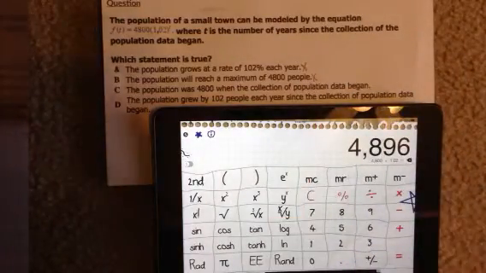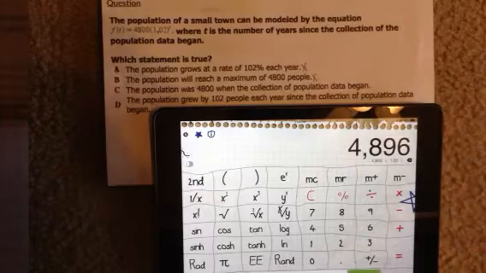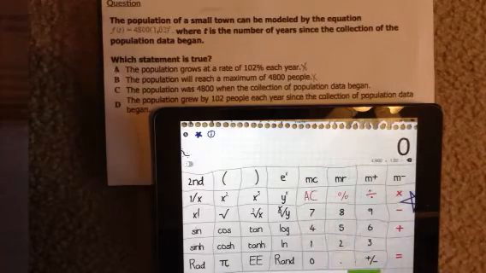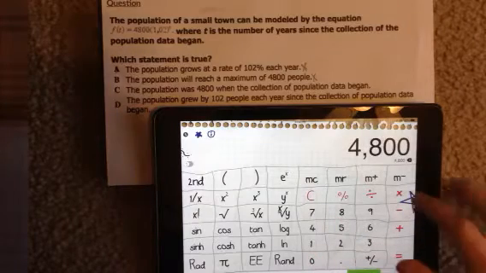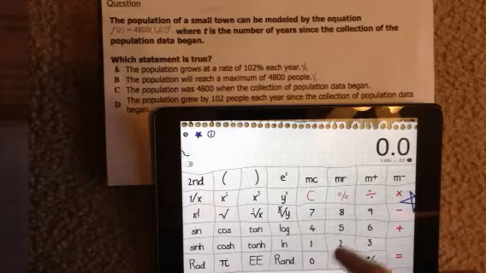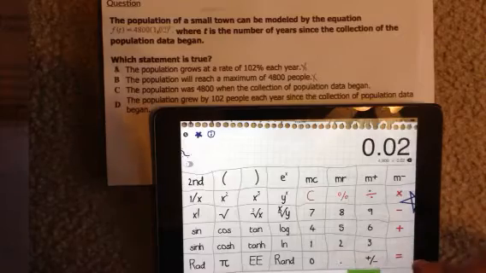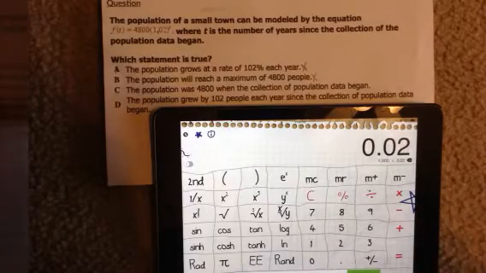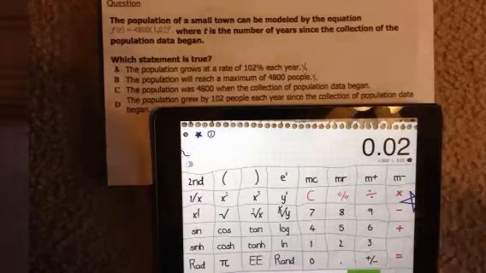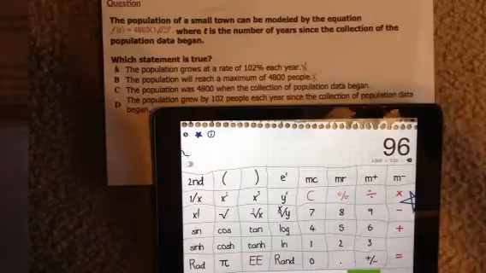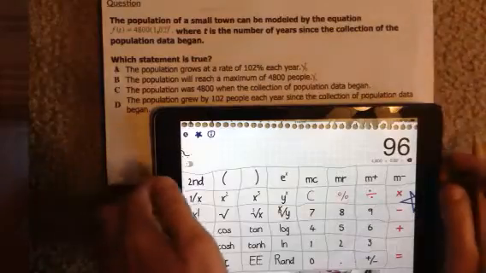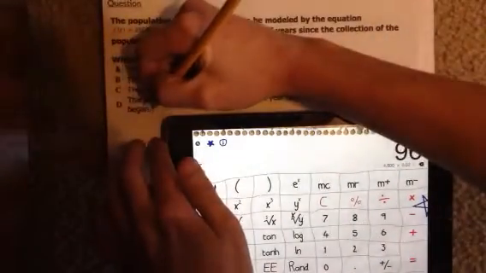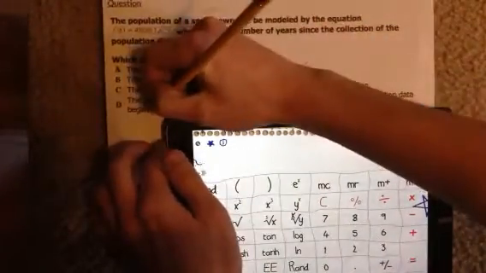But to find only the amount that it grew, what we would do is 4,800 times 0.02. Now doing this will show us the exact number it grew in the first year, which was 96. 96 does not equal 102, so we know that D is out as well.